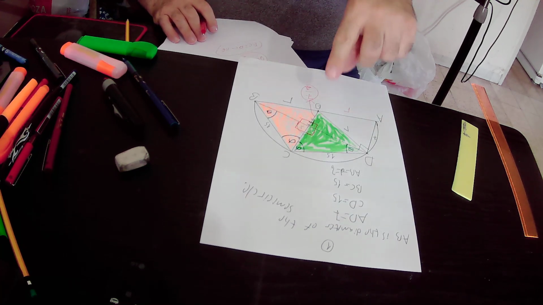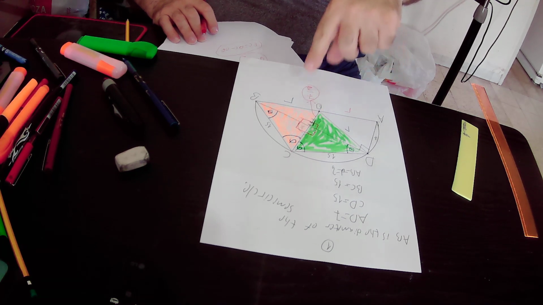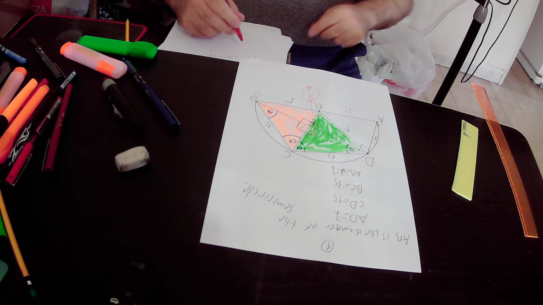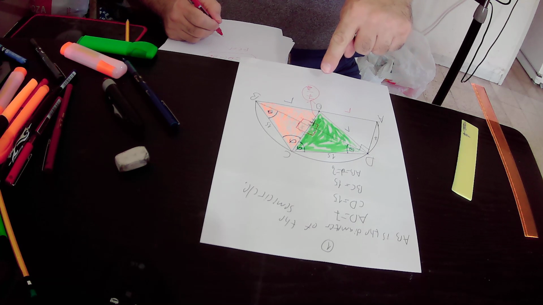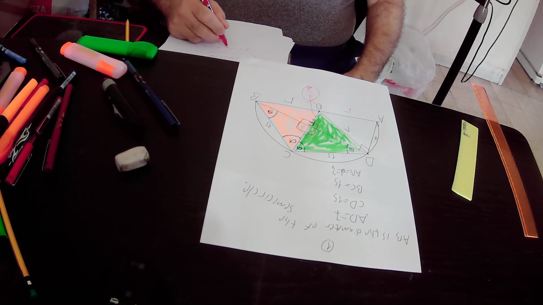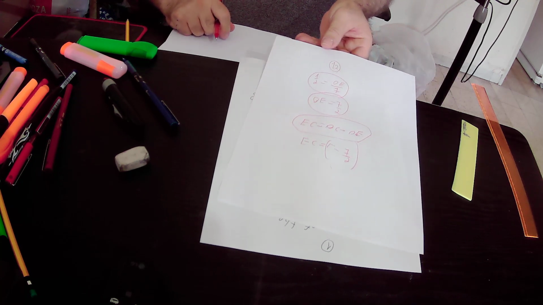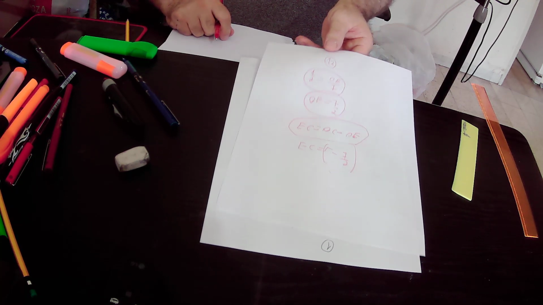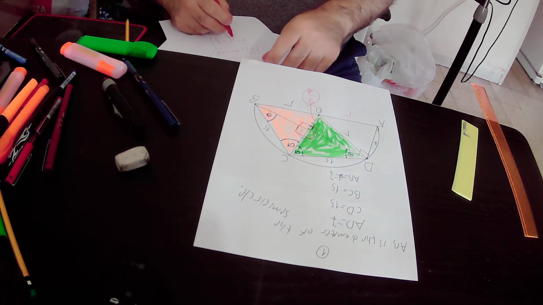But what is the value of OC? As I already told you, OC is the radius of the semicircle, so OC equals R. What is the value of OE? We already found out that OE equals 7 over 2. So in total, we got that EC equals R minus 7 over 2.